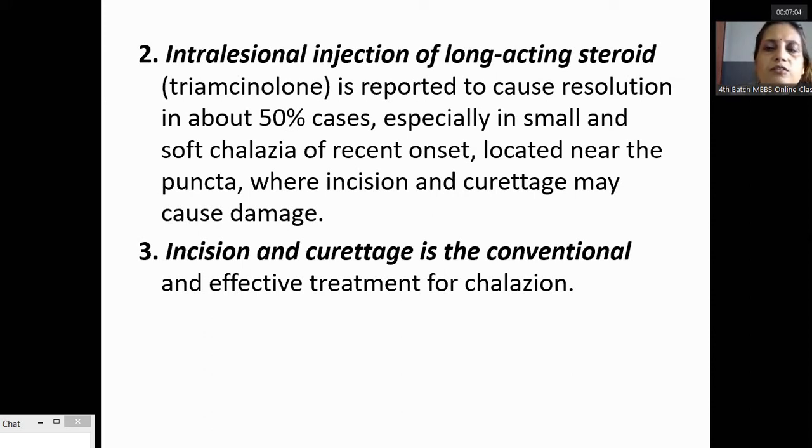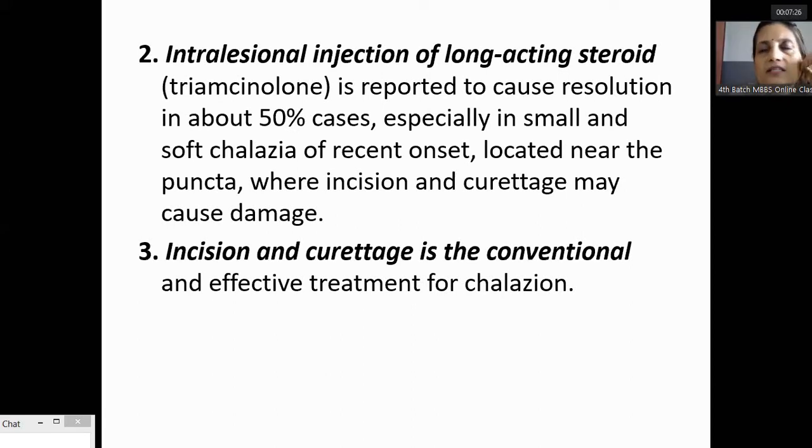So if it is small, then you just inject intralesional triamcinolone, so it will resolve by itself. And if it is near the punctum also, then you cannot do the incision because you may destroy the punctum. So at this time also you can inject the triamcinolone.